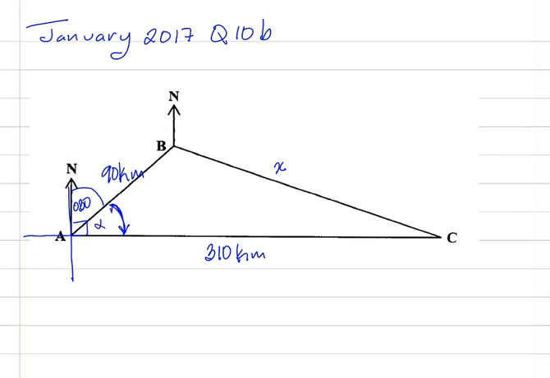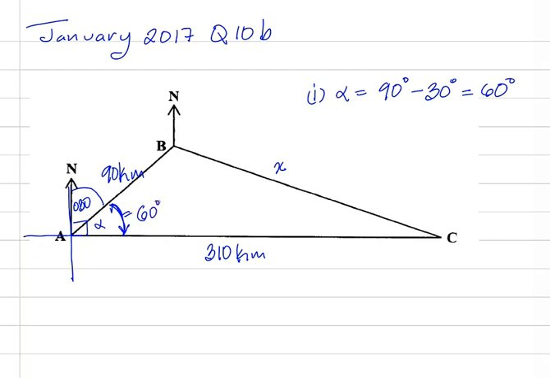So the angle alpha is equal to 90 minus 30, and so it is equal to 60 degrees. Easy to see why. The angle between north and east is 90 degrees. The angle at the top is 30, so the angle at the bottom here is 60 degrees.